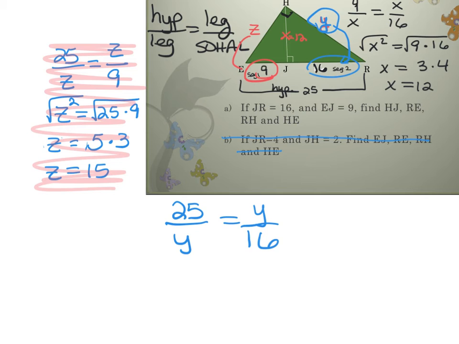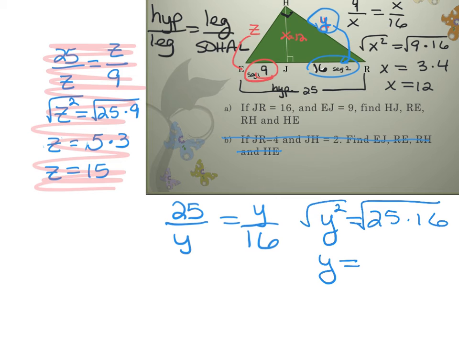Y squared equals 25 times 16. They're both perfect squares. I can square root them and get 5 times 4, and Y is 20.